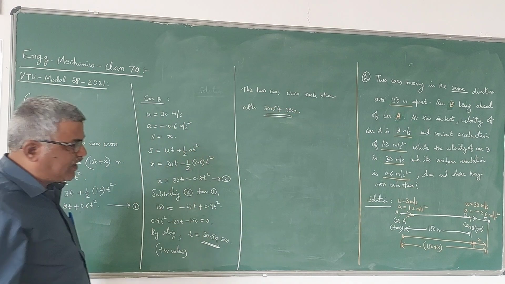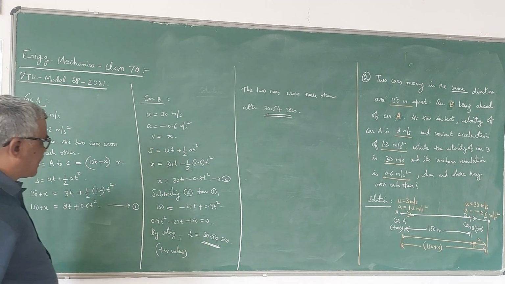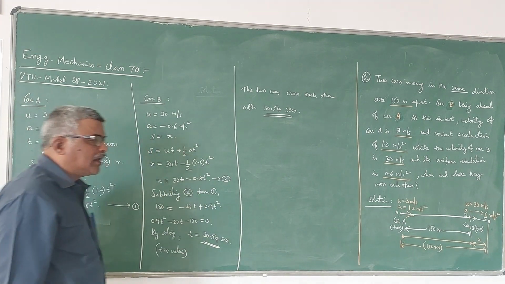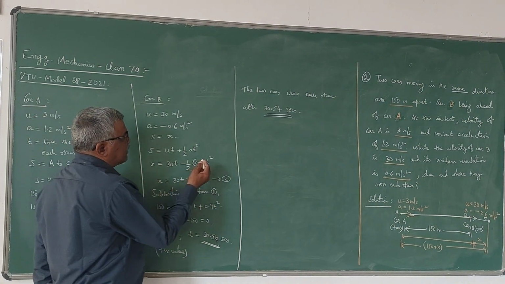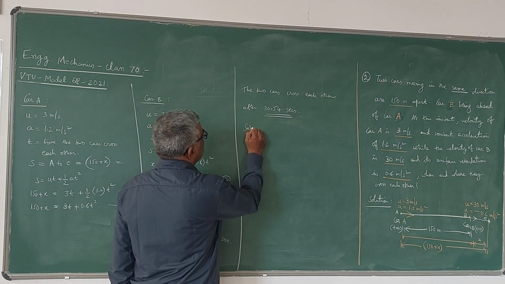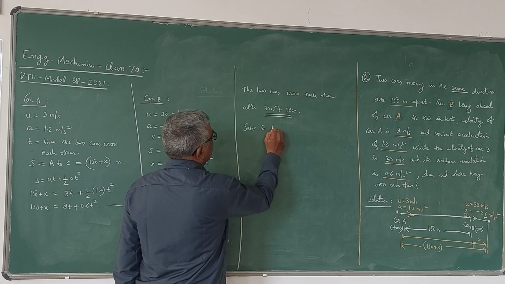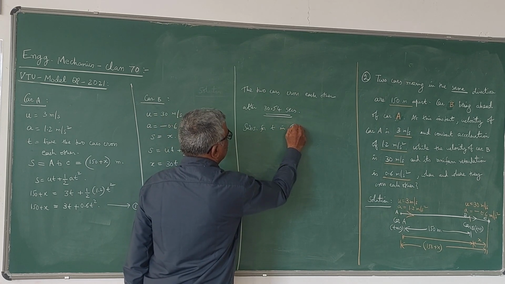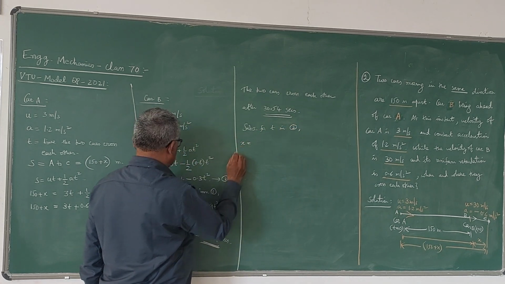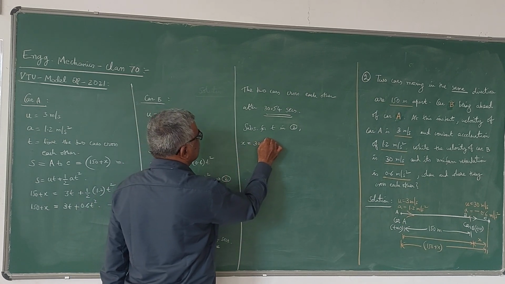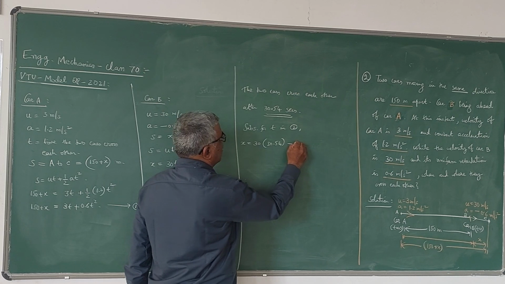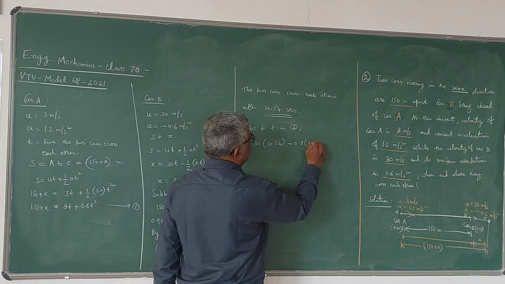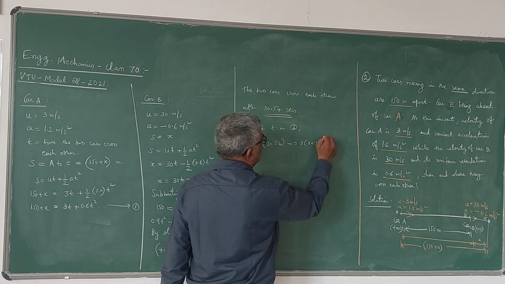Next, where they cross means we have to find out the value of x. So substitute the value of t in equation 2. Substituting for t in equation 2, we can get the value of x. X is equal to 30t, so 30 into 30.54 minus 0.3 times t square, that is 0.3 into 30.54 square.